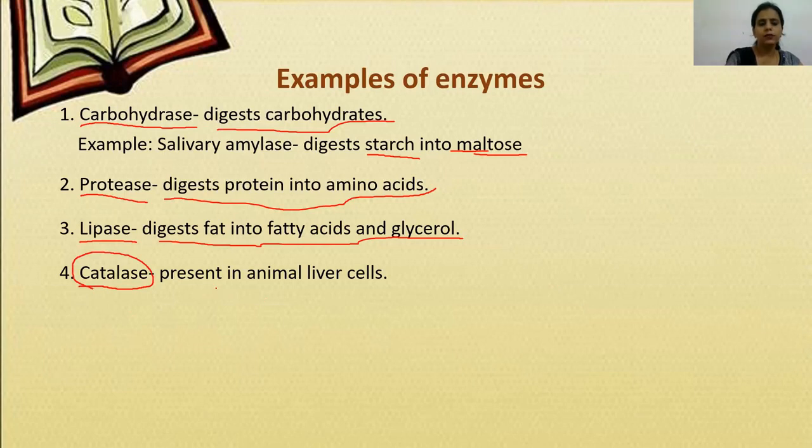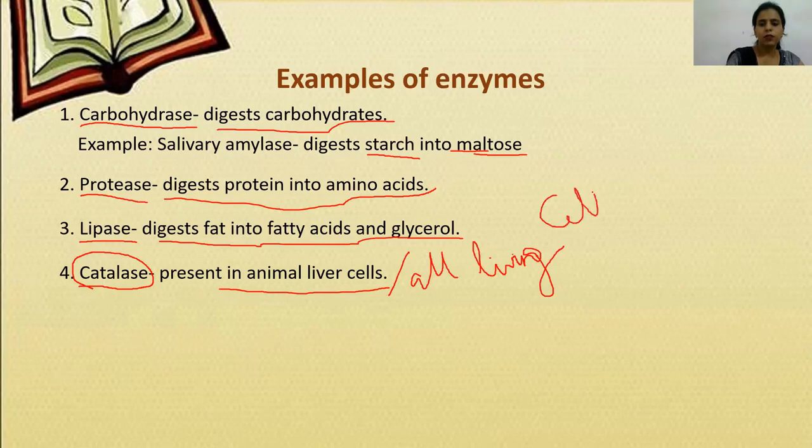I've written here present in animal liver cells, but actually the correct thing is it is present in all cells, whether it is plants, animals, amoeba, bacteria, prokaryote, eukaryote, any type of cell has the enzyme catalase.